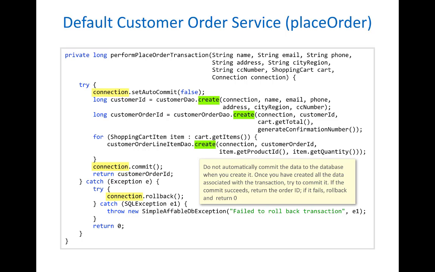Note again that the customer create method and the customer order create method return keys, while the line item create method does not. Finally, if everything goes well and the data is committed, the customer order ID is returned. If something goes wrong, 0 is returned. Recall that 0 cannot be a primary key.